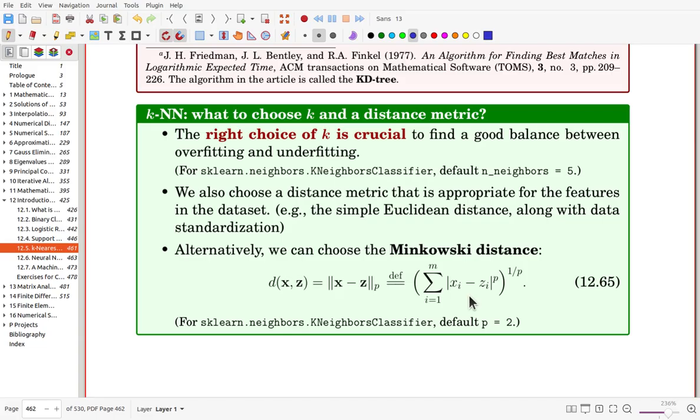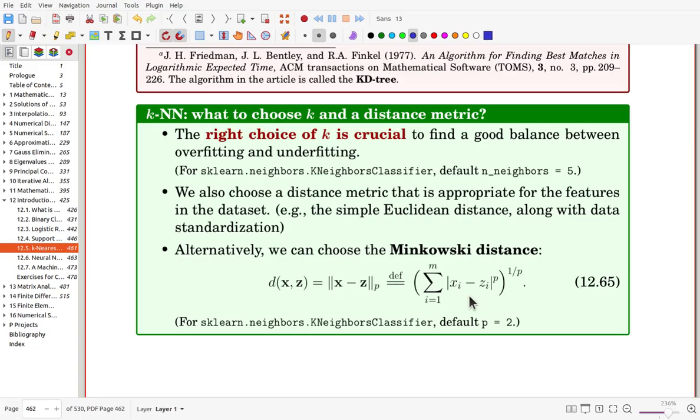Now, you can choose different distance metrics, because along with the number k, you try to find the nearest points, which means that you have to have a distance metric to measure and compare the distances. The default and simplest measure is Euclidean distance, the L2 norm distance.